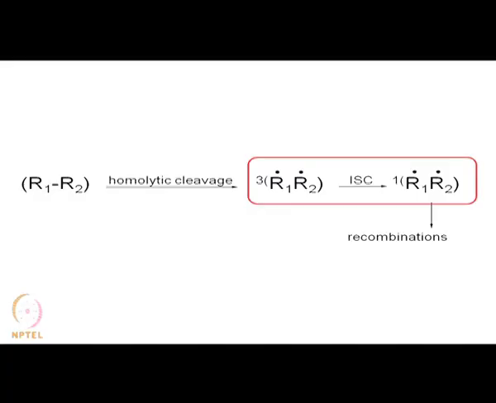Homolytic cleavage may also generate a singlet radical pair, which will undergo intersystem crossing to produce the triplet one. The only difference is that the singlet radical pair will have one description, and the triplet one will have another. But this is not the only description, it has three options.